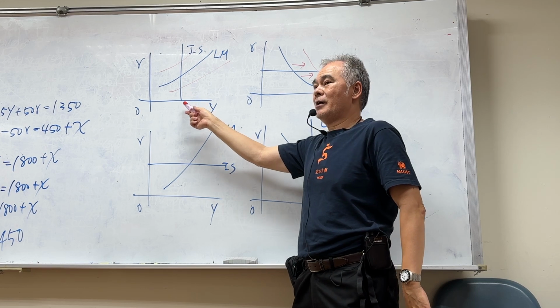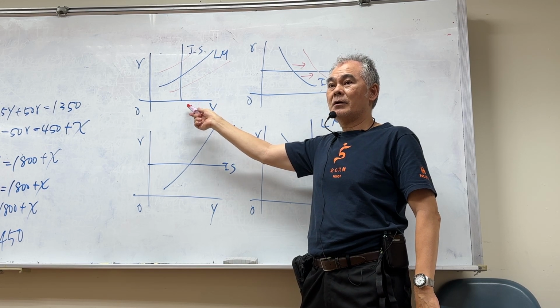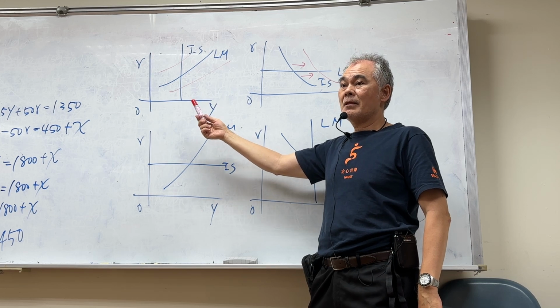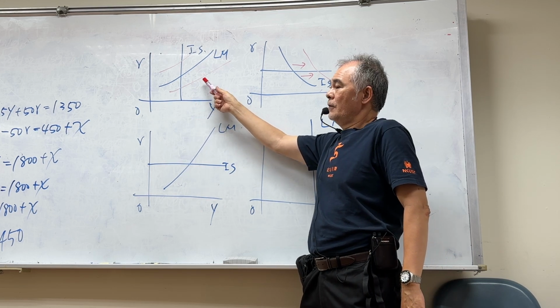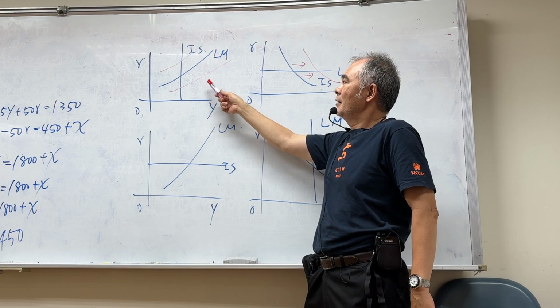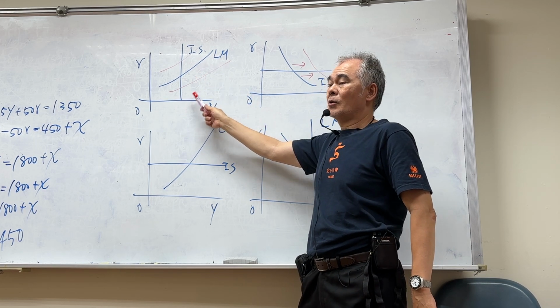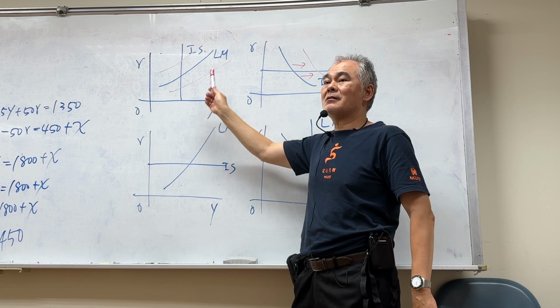Can you change income level? Can you change production level? The answer is no. So in this case, if you increase or decrease money supply, income will not change. So monetary policy does not work.